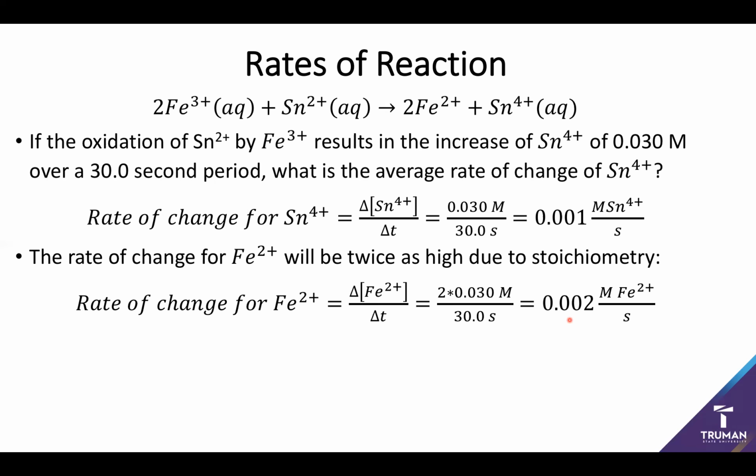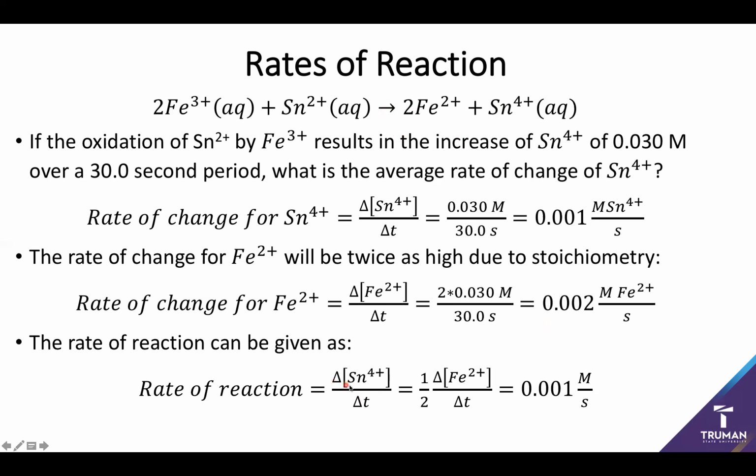So what we can do is relate this to an overall change in rate. What's the molar change of the reaction? For this, it's most convenient to identify a species with a stoichiometric coefficient of 1. The change in concentration of tin should be the change in the concentration of reaction.